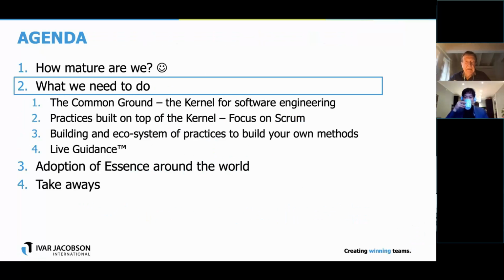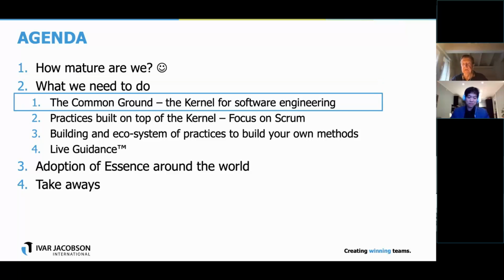Okay. So what do we need to do? The first thing we need to do is, of course, to find some commonalities, some common ground, something where we say, this is really nothing we should discuss anymore because we all agree that these are the facts. We call that a common ground. We also call it the kernel of software engineering.